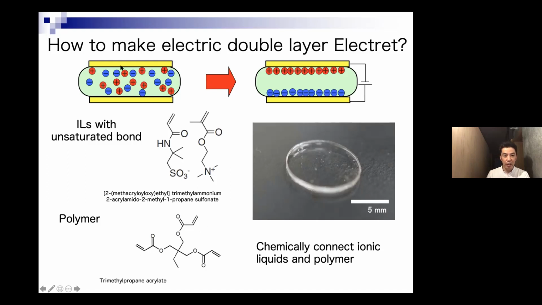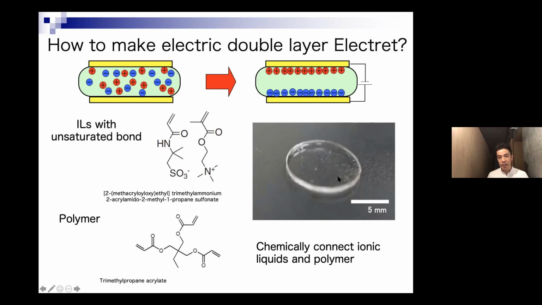First we mix the ionic liquid and the polymer, and then we apply a voltage, and the electric double layer barrier is formed. Then we shine UV light to polymerize these ions inside the polymer network, so we can chemically connect the ionic liquid inside the polymer network.